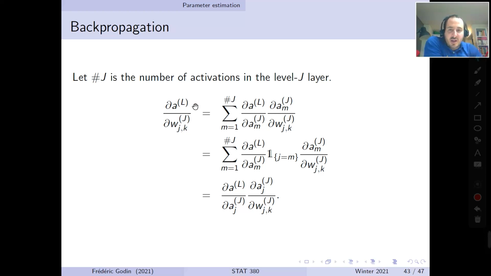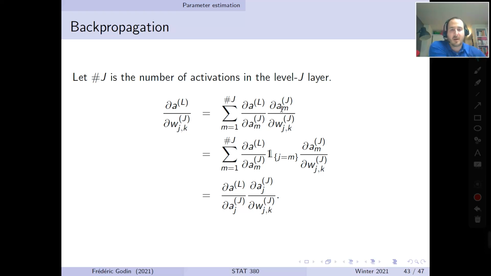To differentiate the last activation with respect to the parameter, we can differentiate the last activation with respect to the activations at the layer J, which is the same layer as the parameter, and then differentiate these activations in the same layer with respect to the parameter.